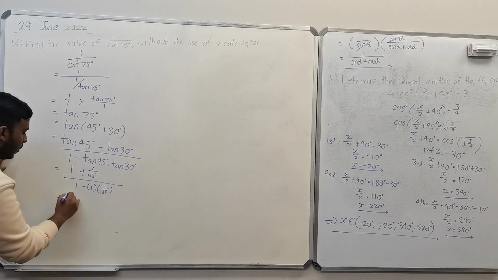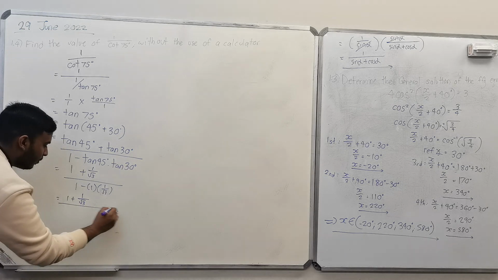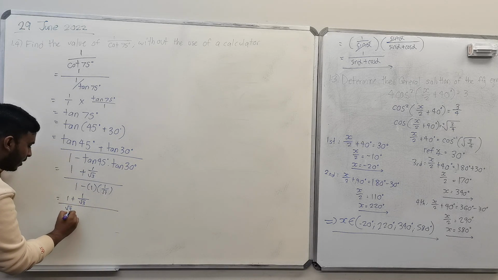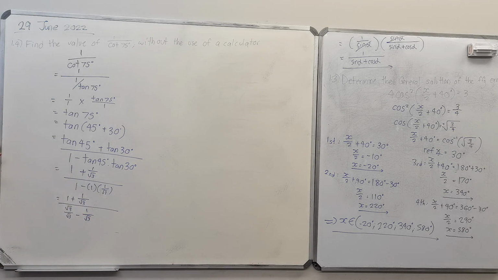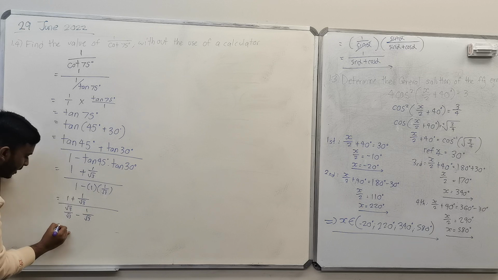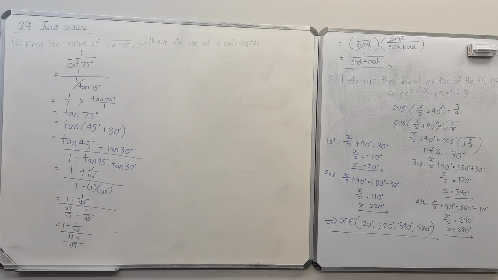So this would be 1 plus 1 over root 3, all over root 3 over root 3 minus 1 over root 3. This will now become 1 plus 1 over root 3 over root 3 minus 1, all over root 3.